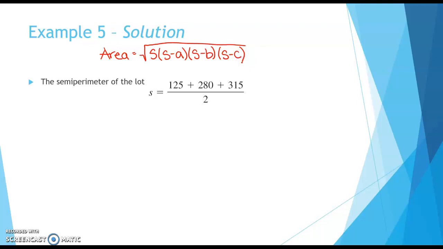The first thing we definitely need to do is solve for s. To find the semi-perimeter, we take all the sides of the triangle, which are 125, 280, and 315. We're going to add them all up and divide by 2.